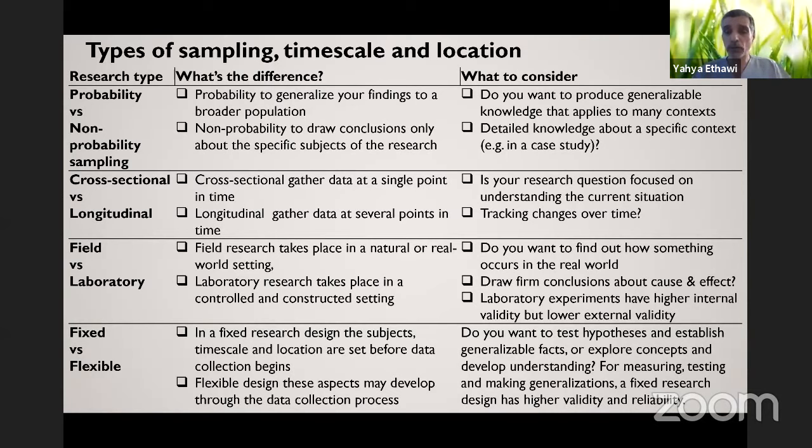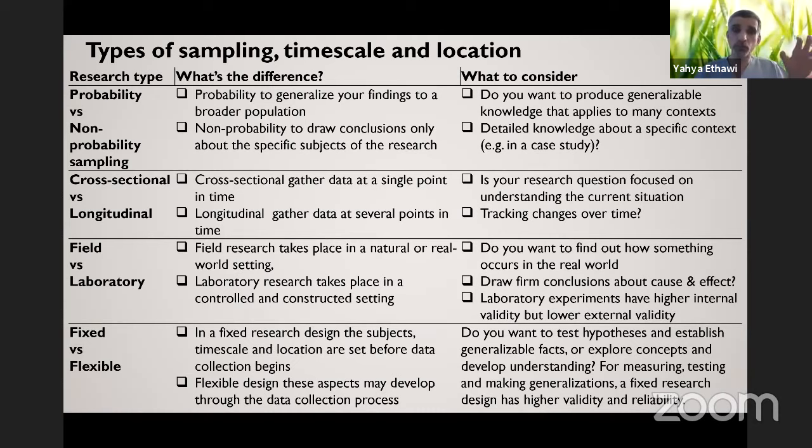But if you do not want to make generalization, you go with flexible. And why use flexible? Sometimes you don't know the incidence, so you cannot calculate the sample size. You don't know the prevalence. So you go with flexible because you want to build the prevalence.